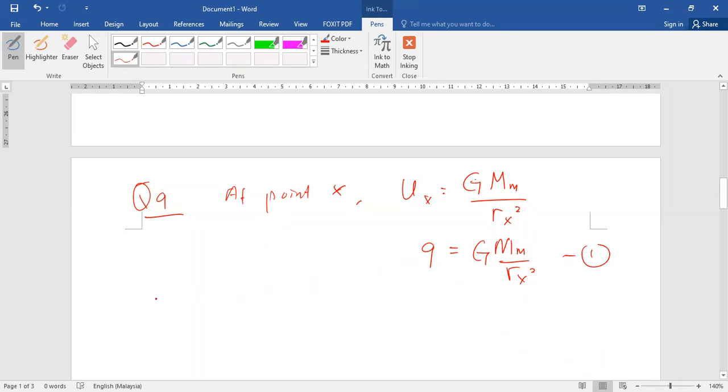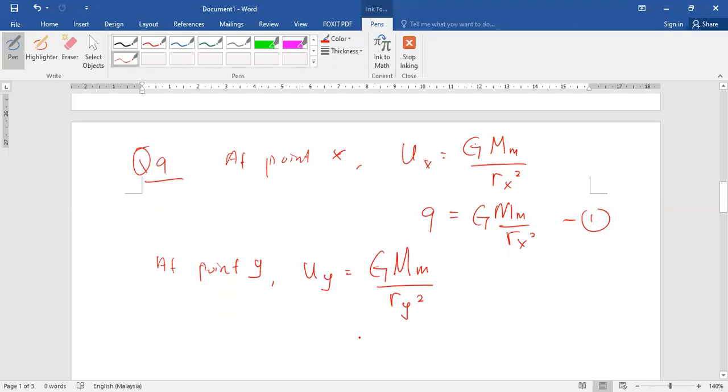And at point y, it is GM over ry squared, where it is equal to 4.